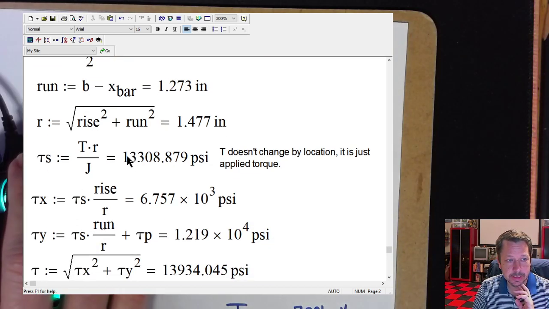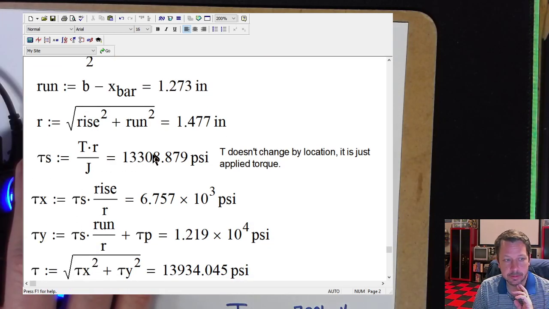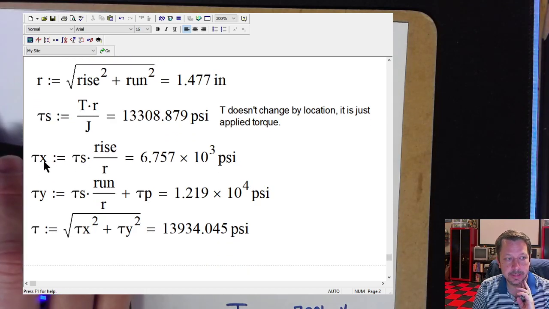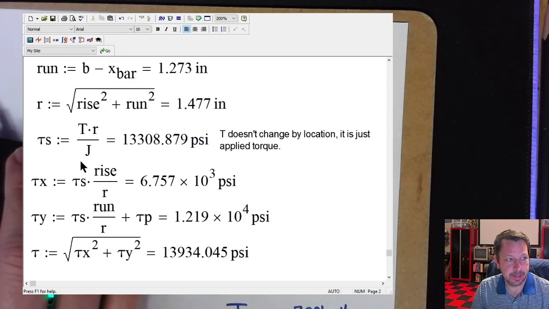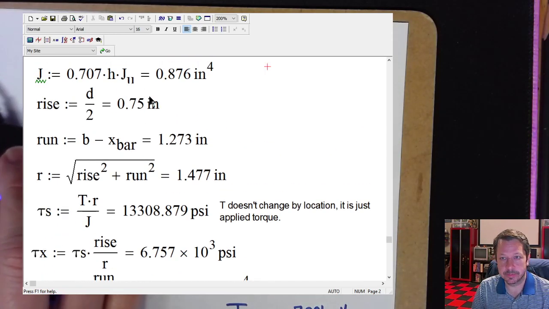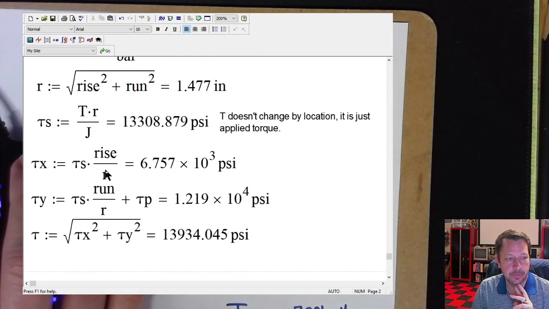So here we have the secondary shear calculation, and here we're calculating X and Y components. So the X component is the secondary shear force times the rise, because that's the 0.75 number, rise is 0.75, over R, which is the hypotenuse.